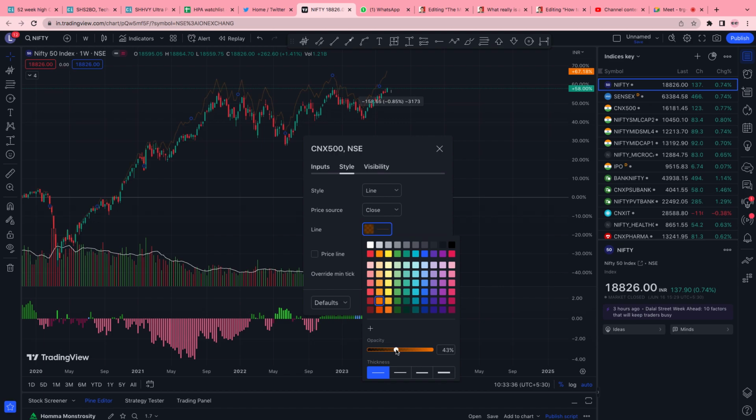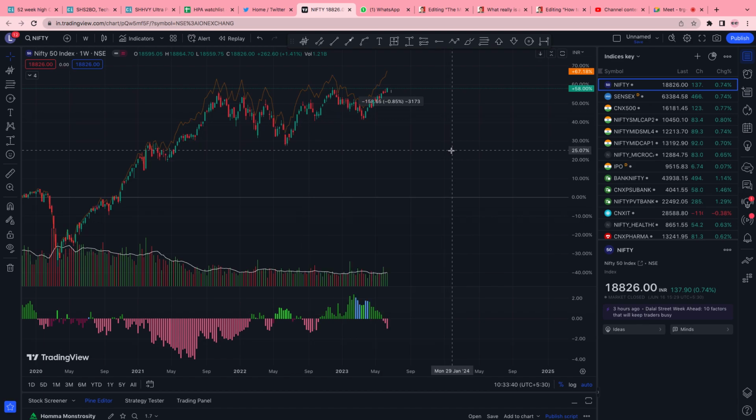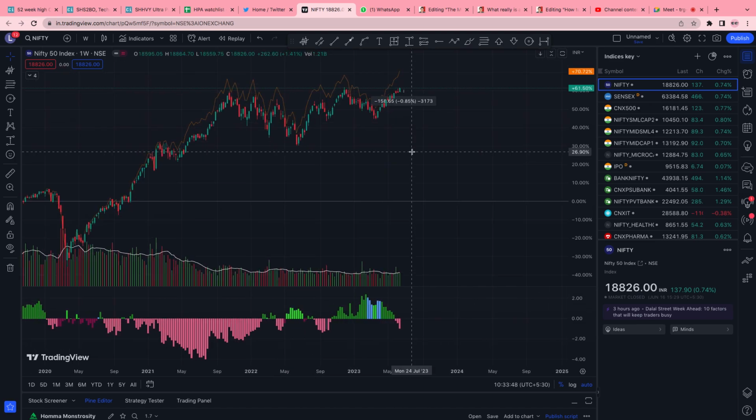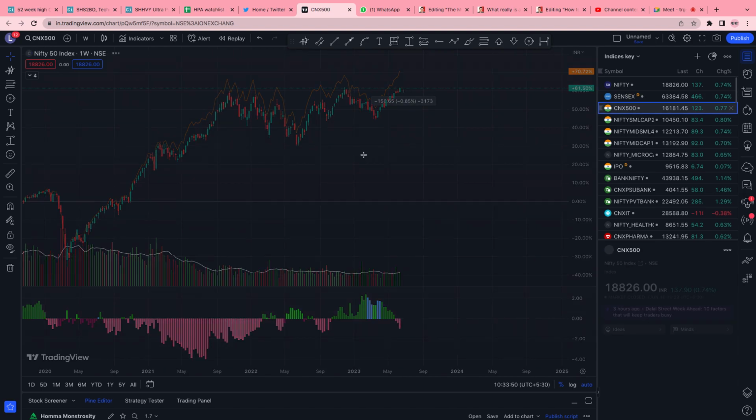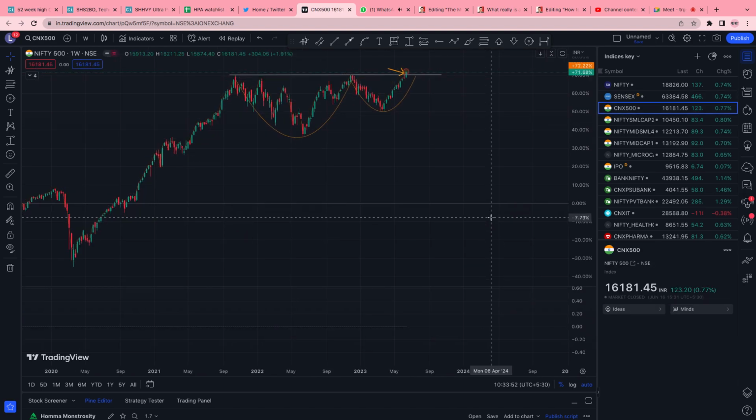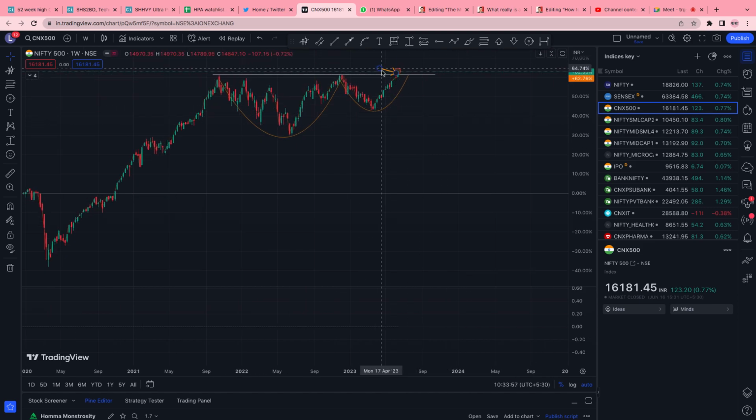So I'll tell you why I want this chart on my screen. Then the second one is to have the Mars indicator or the relative strength indicator. So this is the chart layout we are going to use. Nifty 500 looks to me like it could be the start of a new uptrend.